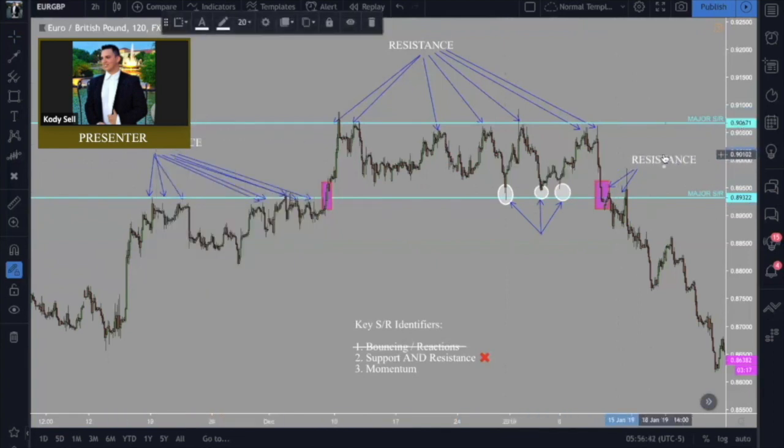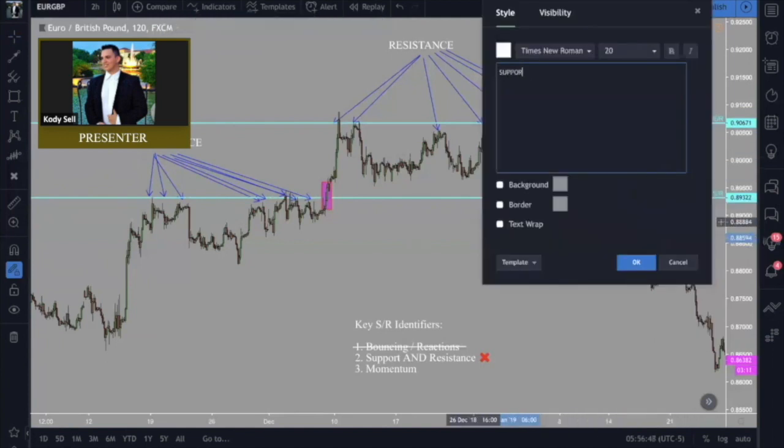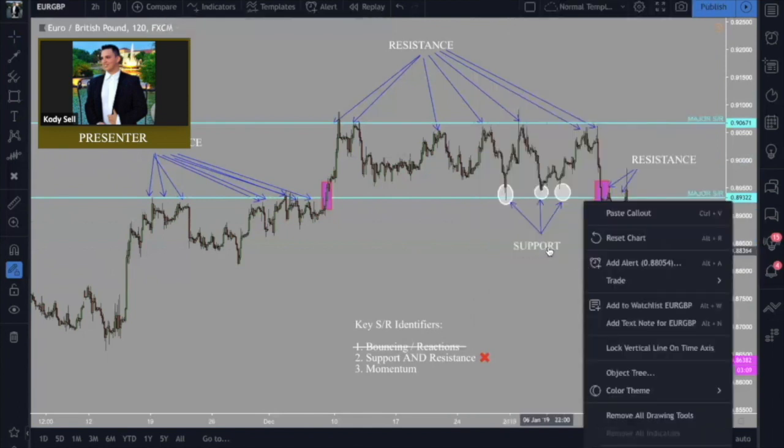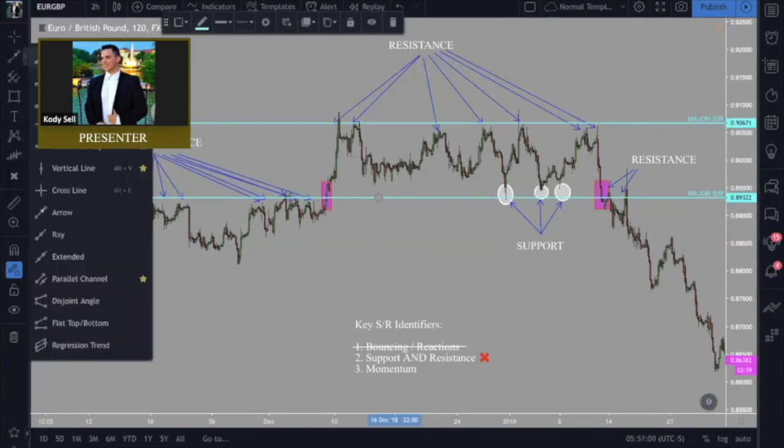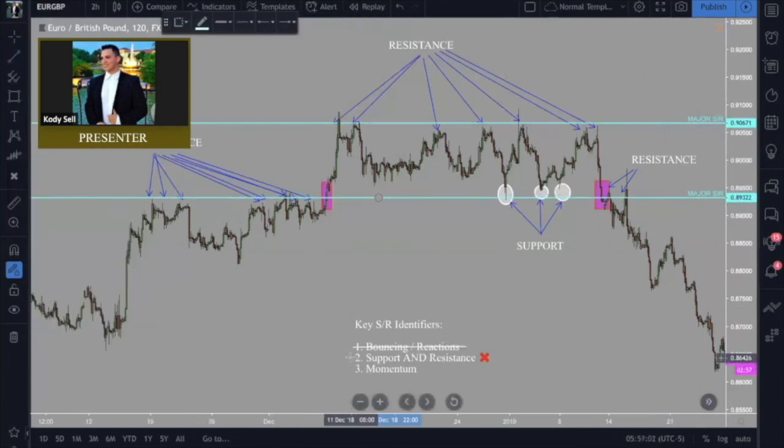Let's bring this over here. Clone this again, bring it over here, and we have support. So for this specific support and resistance level right here, we are indeed able to mark off the second criteria. It does act as support and resistance.